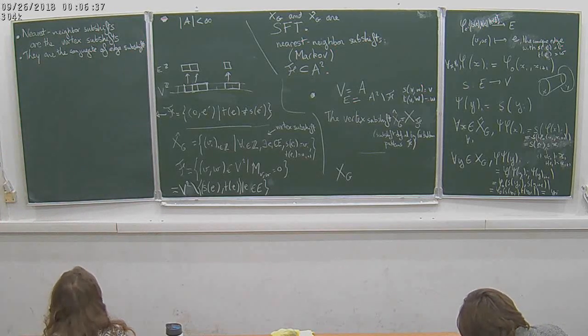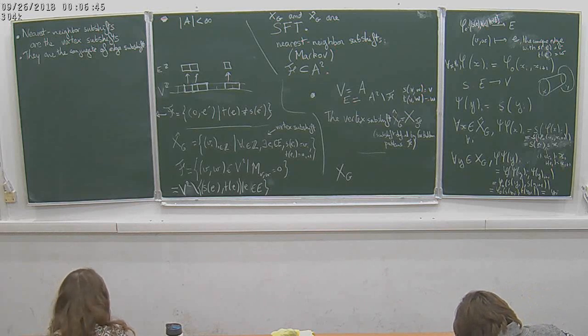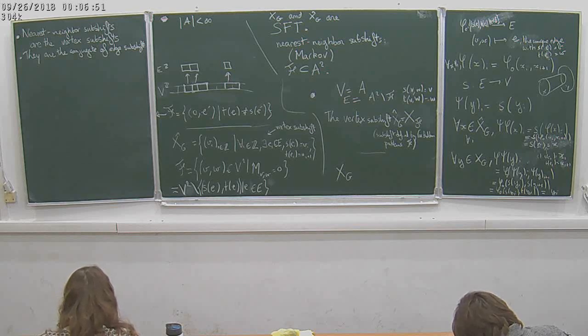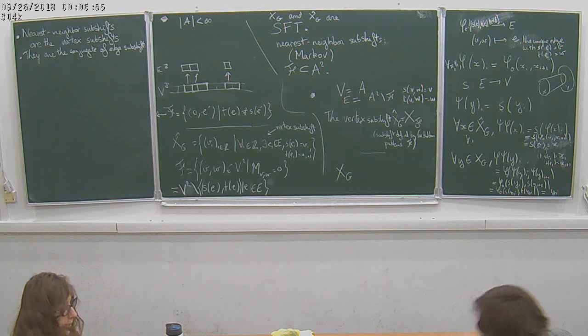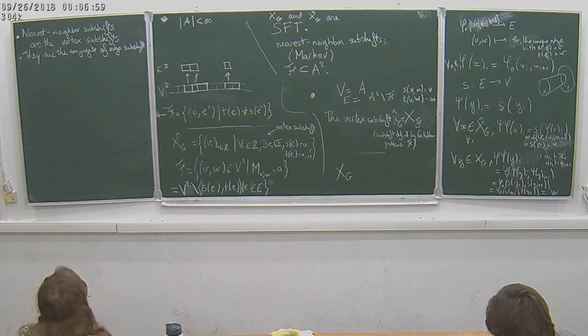If the forbidden pattern length is more than 2? It depends on the forbidden patterns. If you have forbidden patterns of length 3 or more, it is not a vertex subshift. So give me an example.